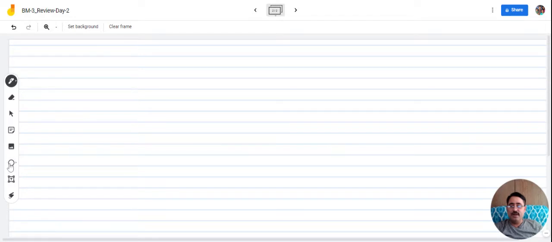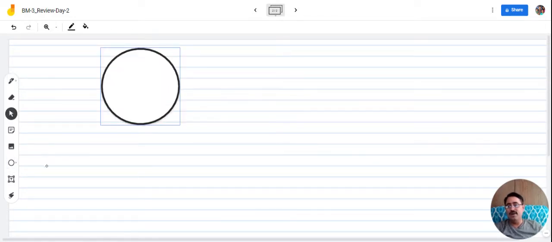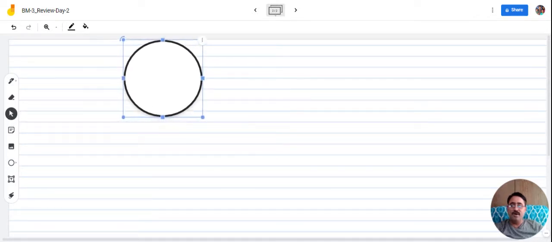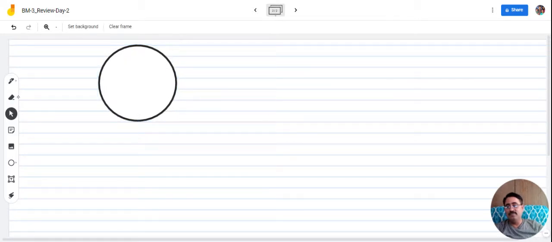The next one is, let me draw circles. Let's say that there is a circle and I'm not really sure whether I will be able to draw straight lines or not.